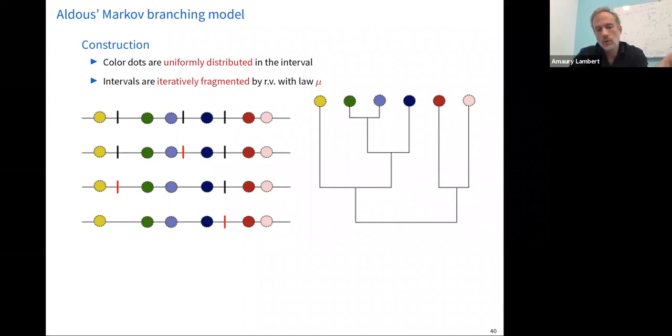If you look at the subtree here, whether you generate it starting with 5 colors or 6 colors and then take away 1 color, you get the same tree, right? You can even couple all these trees on the same probability space by throwing all the integers from the beginning in the unit interval.